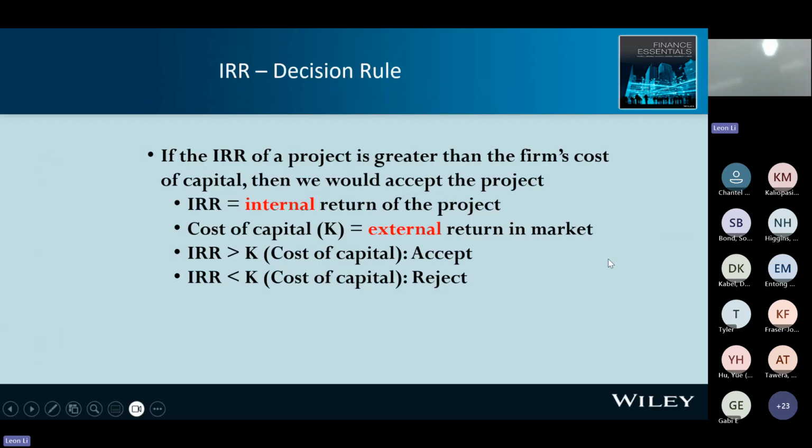So, IRR decision rule. If the IRR of a project is greater than the cost of capital, then we accept the project. Here we give you the explanation. IRR, internal rate of return, is an internal return of the project. On the other hand, cost of capital: in chapter 11, we will show you how to calculate it using market data.